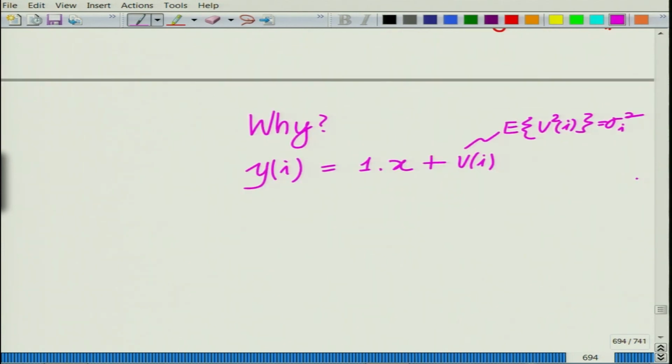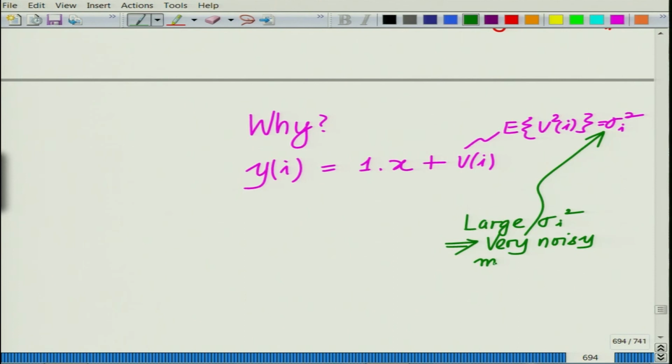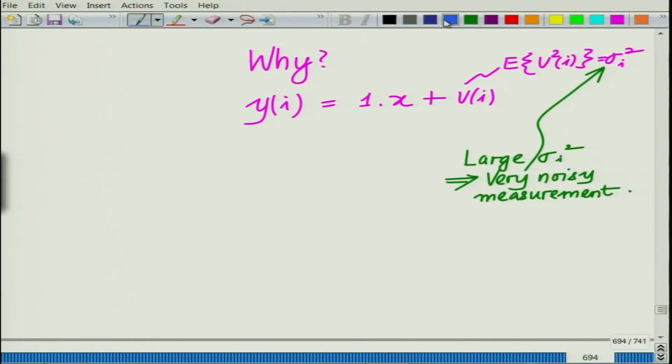Now, a large sigma i square implies a very noisy measurement, and when the measurement is very noisy, naturally the weightage has to be lower, not larger.